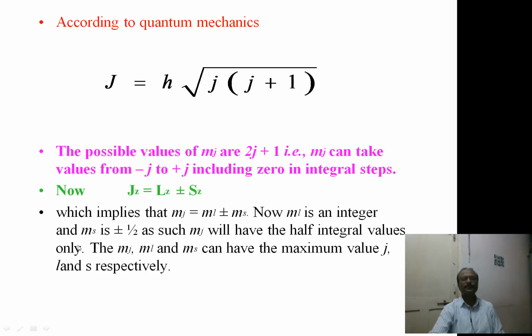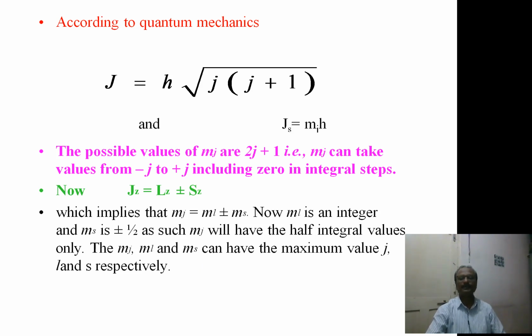This is also nothing but the quantum condition told by Bohr, that the angular momentum is always an integral multiple of h upon 2 pi. The mj, the magnetic total angular momentum quantum number, ml, the magnetic orbital quantum number, and ms, the magnetic spin quantum number, can have the maximum values j, L and S respectively.